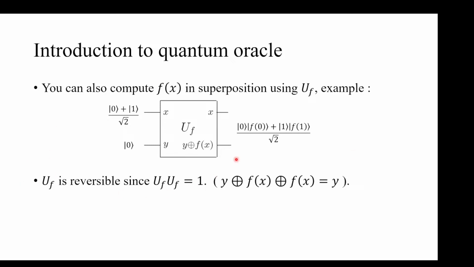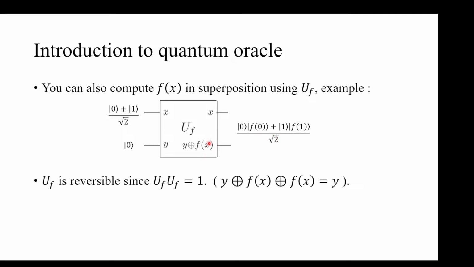And so what do we mean by computing f in quantum parallelism, or in superposition? We can feed this x part as a superposition. So we feed 0 plus 1 over square root 2 to x, and then we will add f of 0 or f of 1 to the y part.